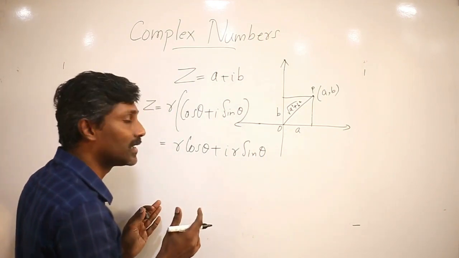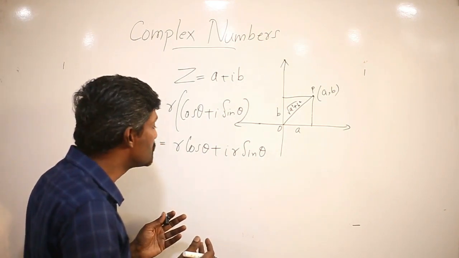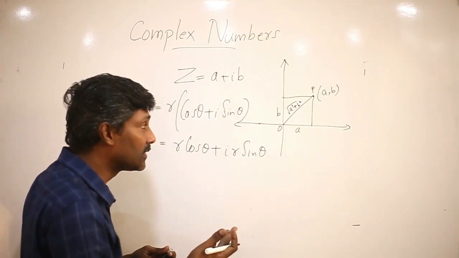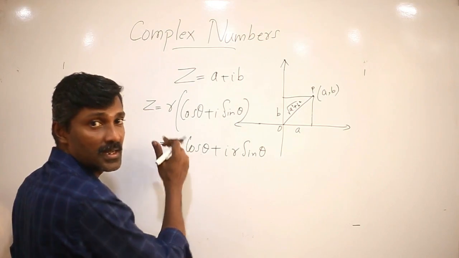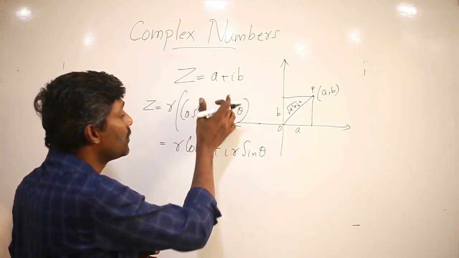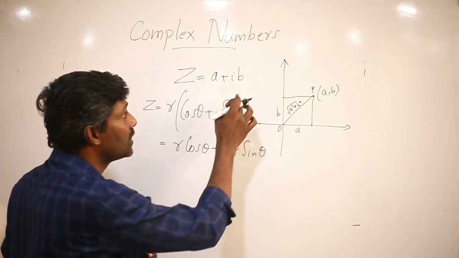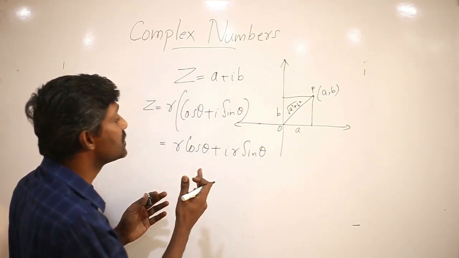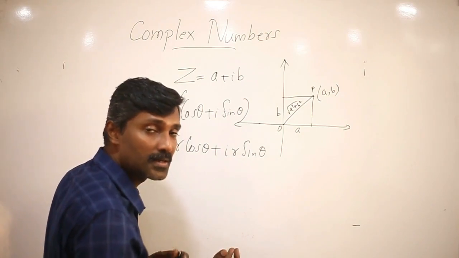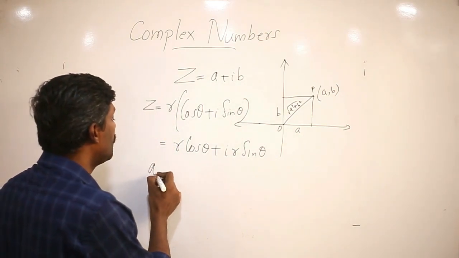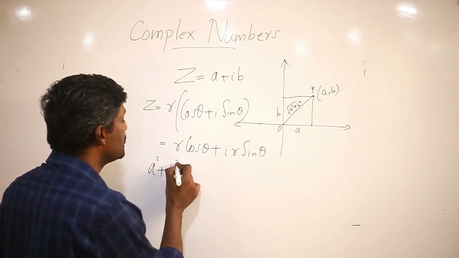Now what do we get when we square these two terms and add it? We already said that a is equal to r cos theta and b is equal to r sin theta, comparing these two forms. What happens when we square these two terms and add it? That means a square plus b square.